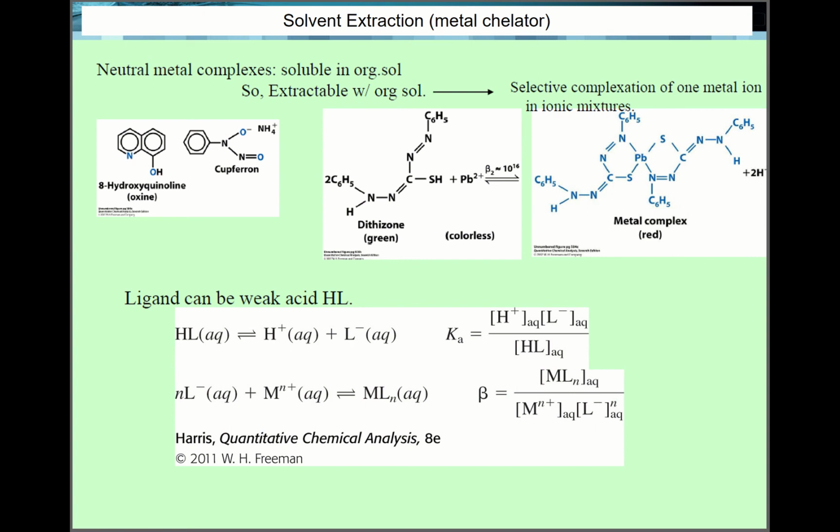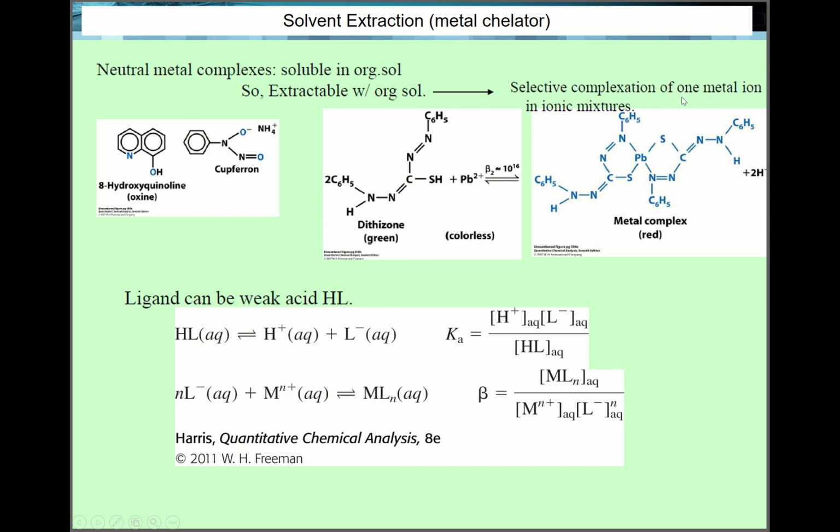And we can use a metal chelator for solvent extraction. Neutral metal complexes are soluble in organic solvent, because they don't have any charge on them, so they are extractable with organic solvent.